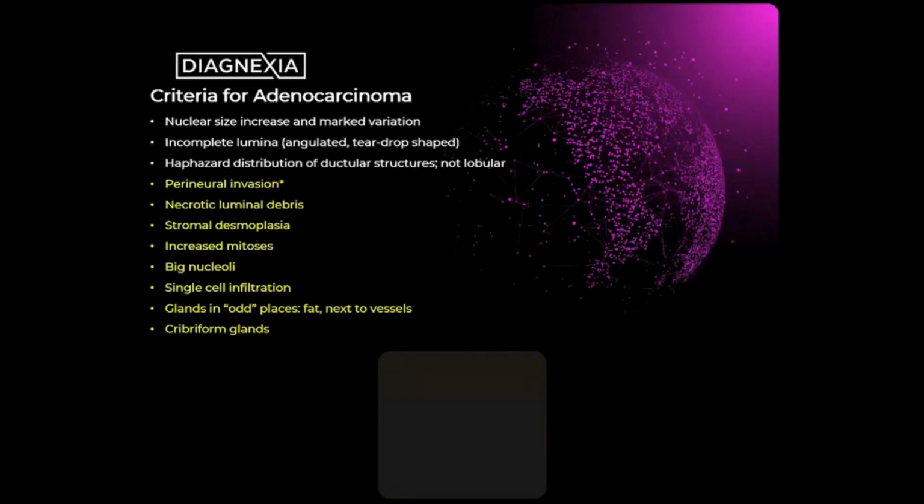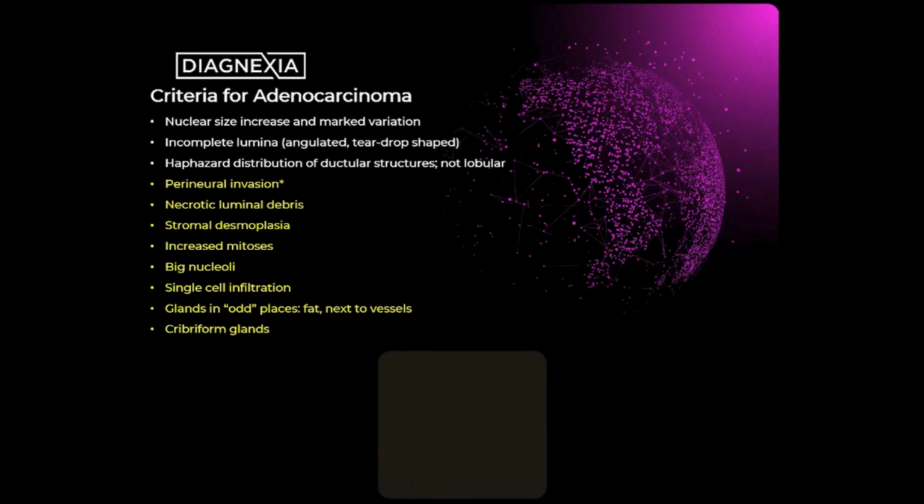And when you get these irregularly shaped glands rather than nice, smooth, round ducts, heightened index of suspicion for adenocarcinoma. And then, replete with that, you have haphazard distribution of ductular structures and glands, no evidence or suggestion of lobularity to it. Think adenocarcinoma.